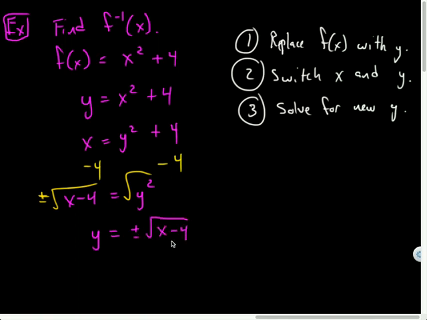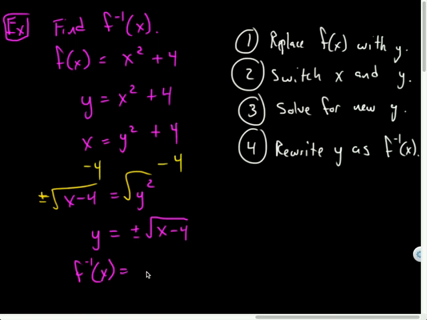And then the last step will be rewrite y as f inverse of x. So this is f inverse of x is equal to plus or minus the square root of x minus 4.